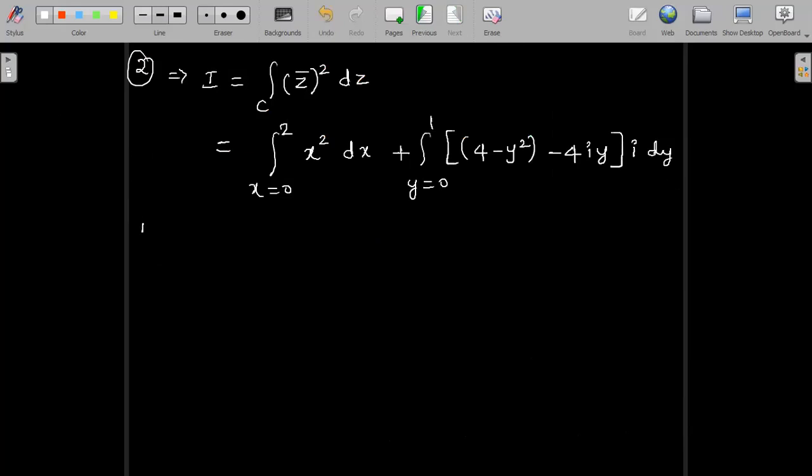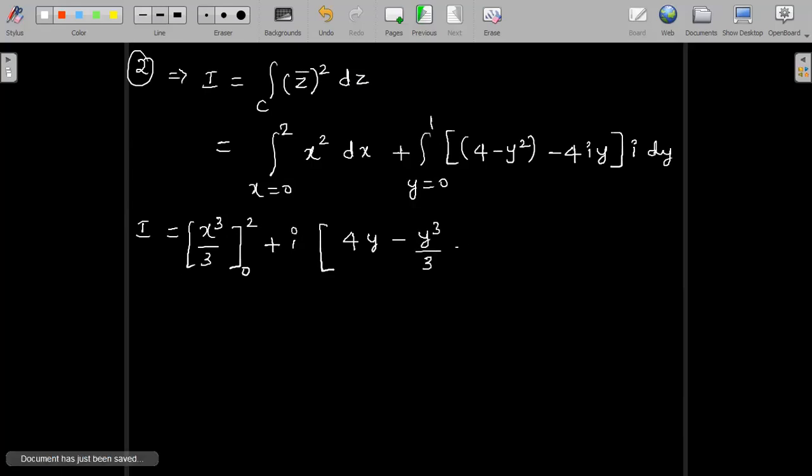So I is equal to the integration of x square, which is x cube divided by 3 between the limits 0 to 2, plus, we have an i outside here, which is multiplied for the entire term. Then the integration of 4 with respect to y is 4y, minus y cube divided by 3, minus 4i into y square divided by 2.